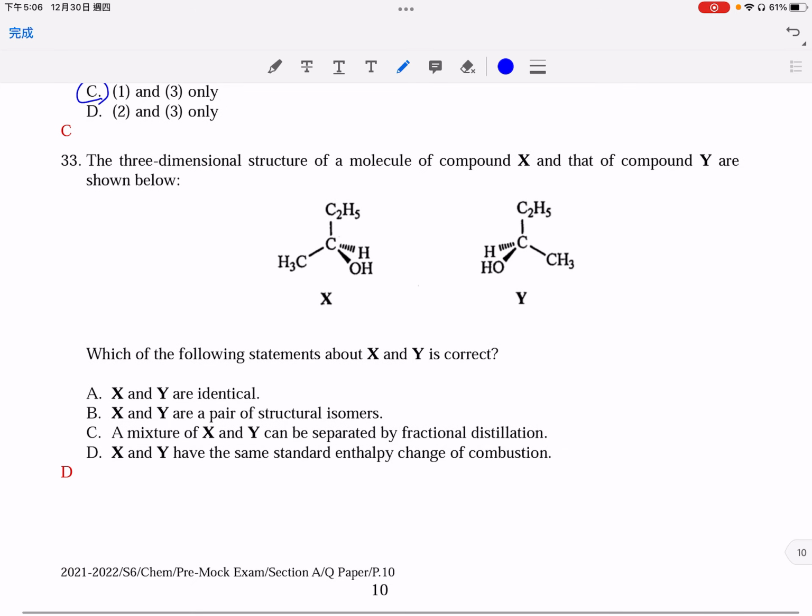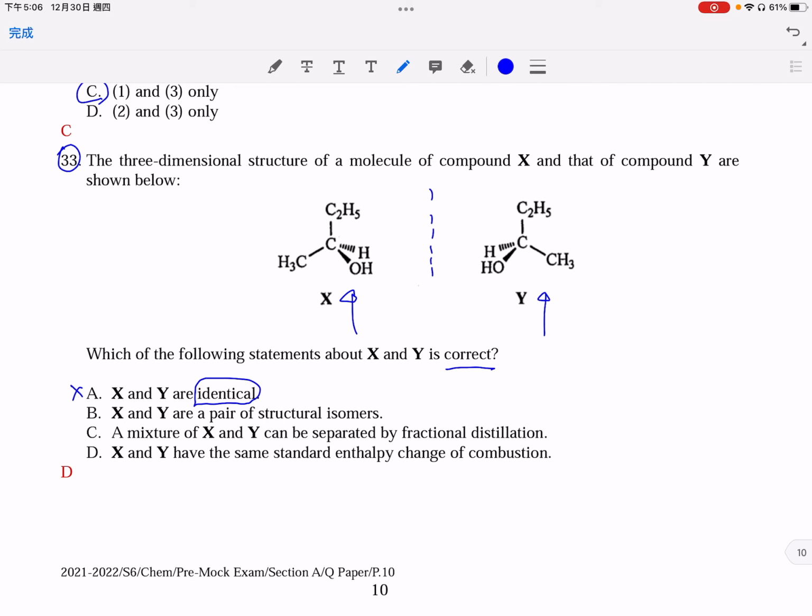Question number 33. Which of the following statements is correct? First of all, statement A is of course incorrect, as it is said that X and Y are identical. Actually, these two, X and Y, are a pair of mirror images.